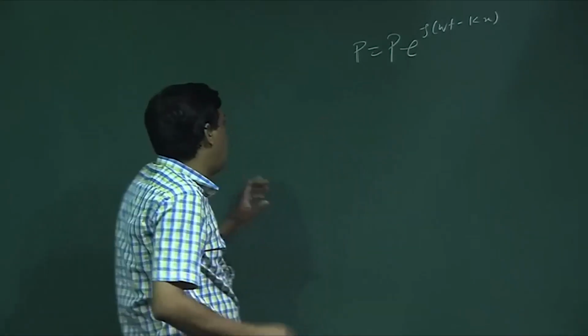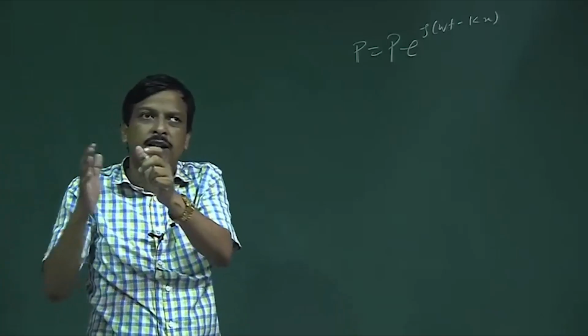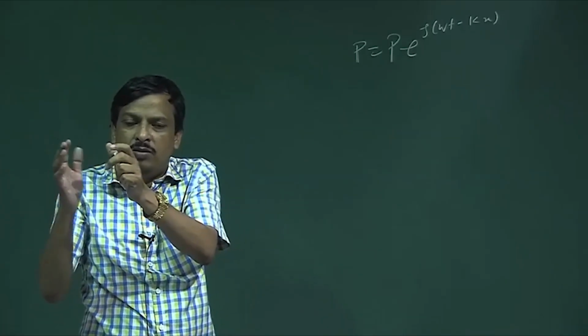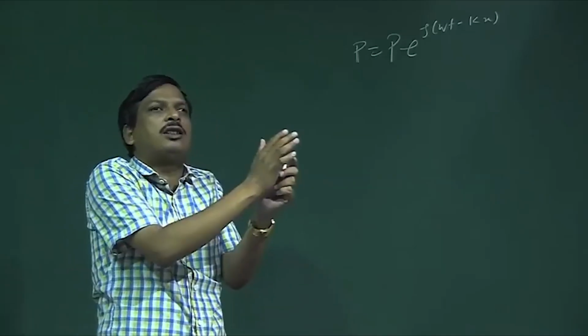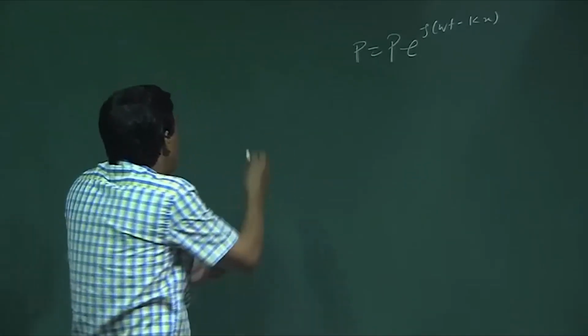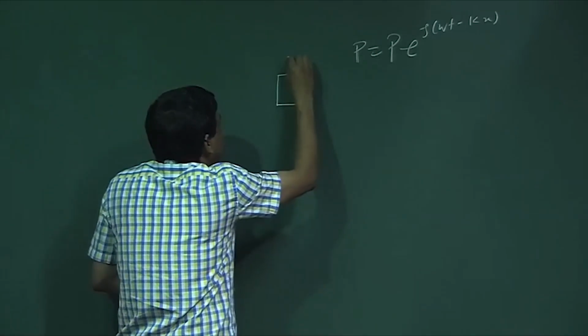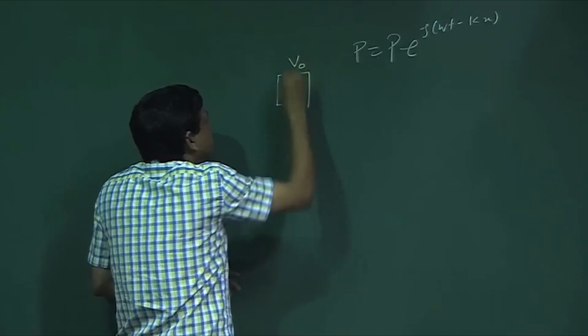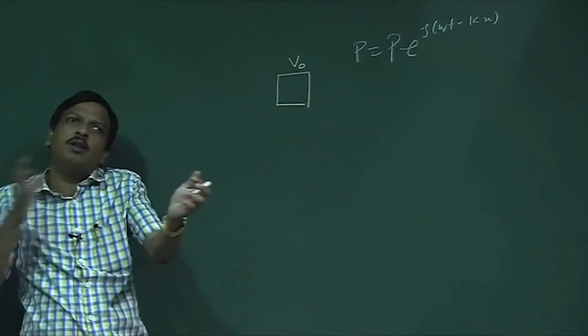Now, when the pressure wave is propagated through a media, how is the energy transferred? Let us consider a small volume V0 in the propagation field. It is compressed and decompressed.